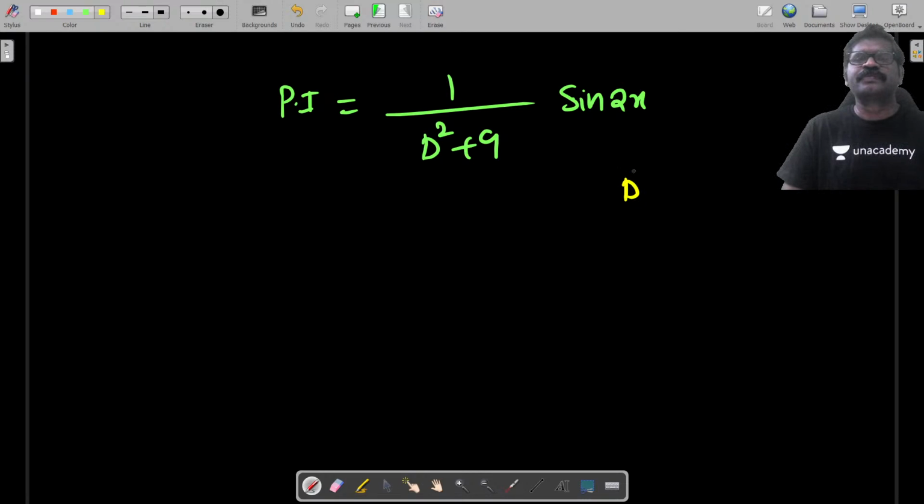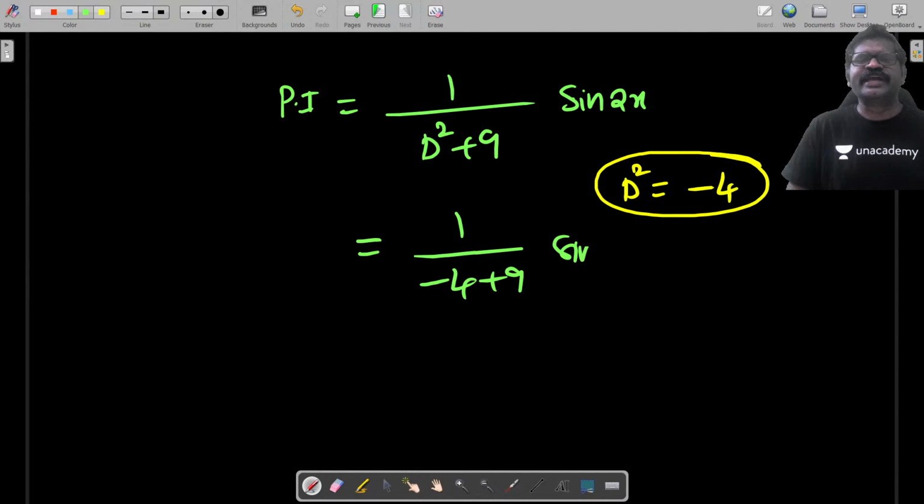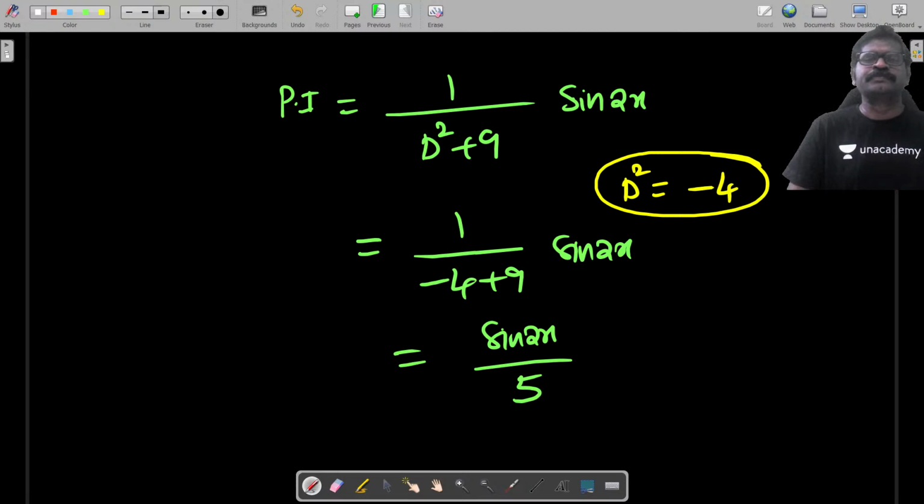Replace D square equal to minus 4. If you replace D square equal to minus 4, you will get 1 by minus 4 plus 9 of sin 2x, which is sin 2x by 5.